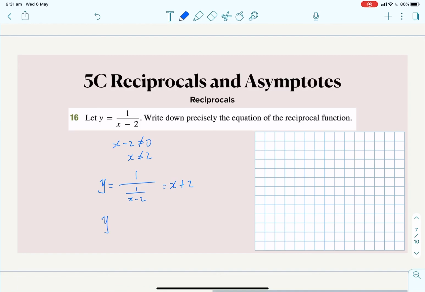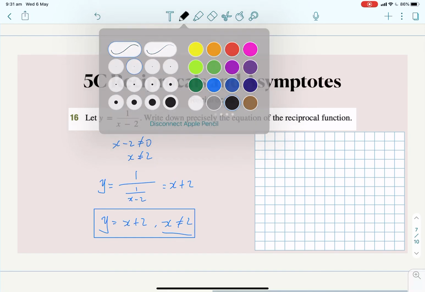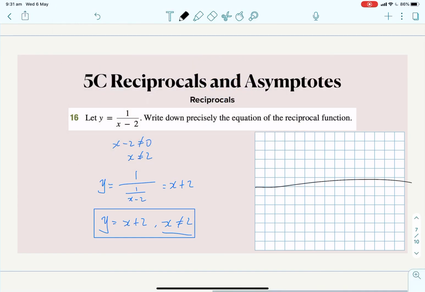So y equals x plus 2, but really important, x not equal to 2. This is basically the equation for that. It's really important because this would be an empty dot. So I'll show you how the graph would look. Let me draw the x and y axis first.